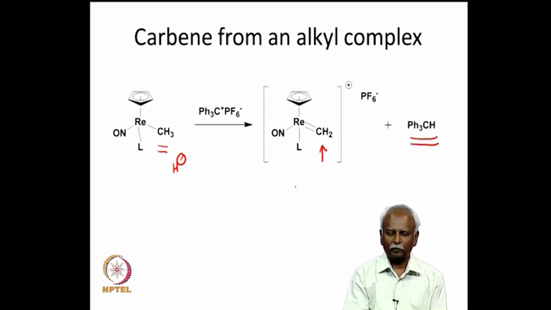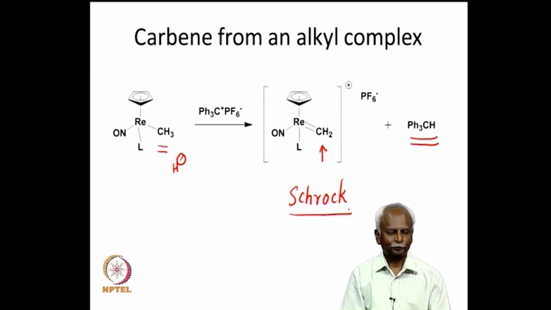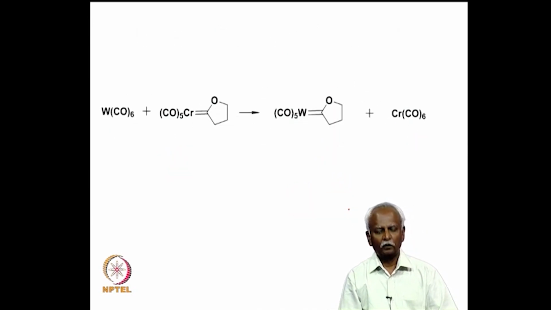The Schrock carbenes are those carbenes which are not stabilized by heteroatoms, named after the discoverer of this series of compounds, where you have only carbons with non-electronegative substituents on the carbon.